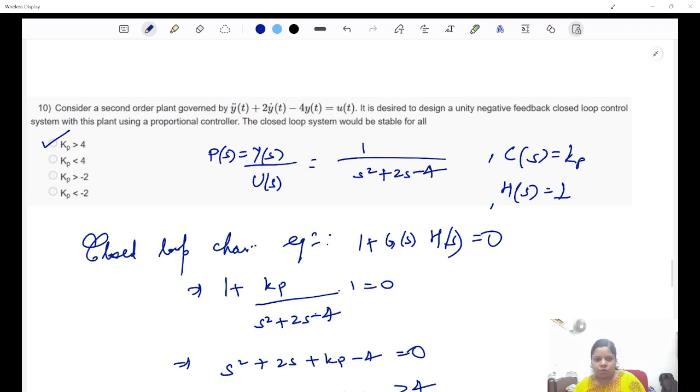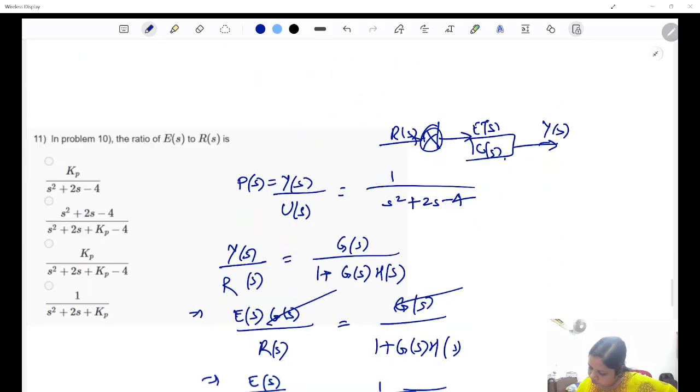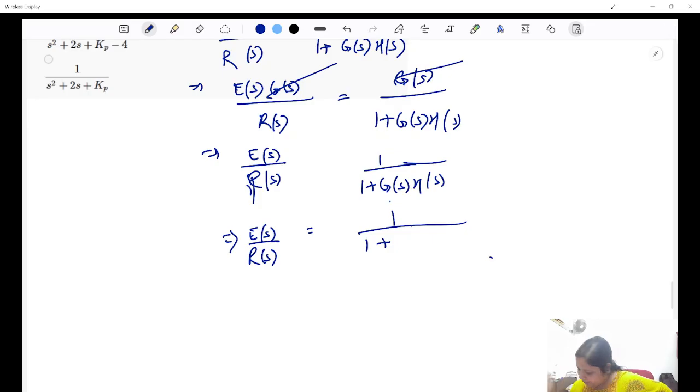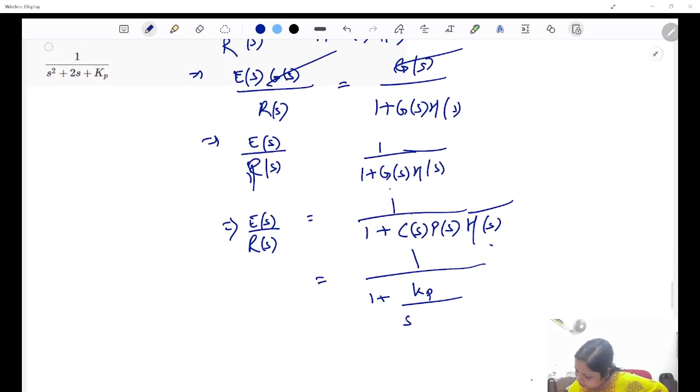Okay. So in this case, what was the situation? CS was KP and PS was this transfer function. HS was 1 and the multiplication of PS into CS is GS. So from here we can write CS into PS, which is GS, into HS. So what would come? 1 plus KP upon PS, which was S square plus 2S minus 4.